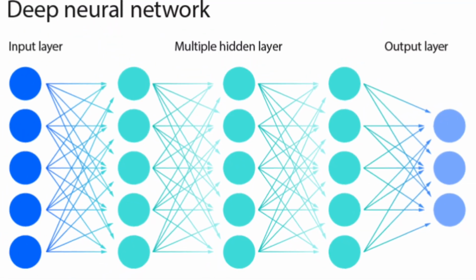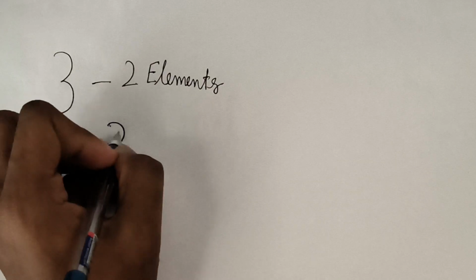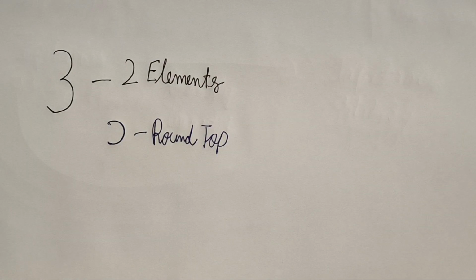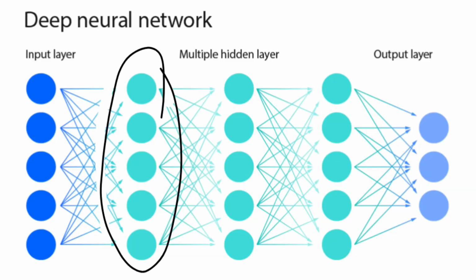Now, for understanding purposes, let us take a neural network consisting of 3 hidden layers. Again, take the number 3, which comprises 2 elements, a rounded element and a curved bottom. Let us start with the first hidden layer. In the first hidden layer, it might just learn to identify basic features from the input information received.